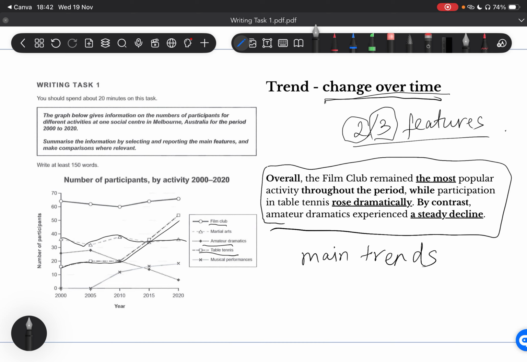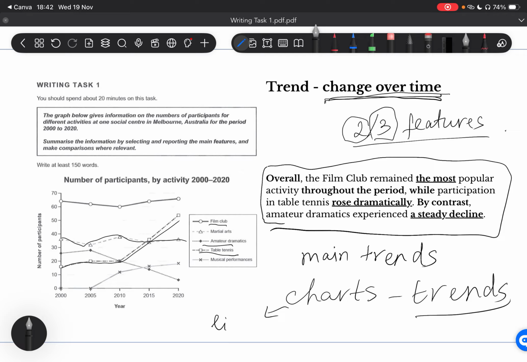So what else do we need to write for an overview in charts? So for charts, it's always trends, okay? Trends mean change over time. What are charts?